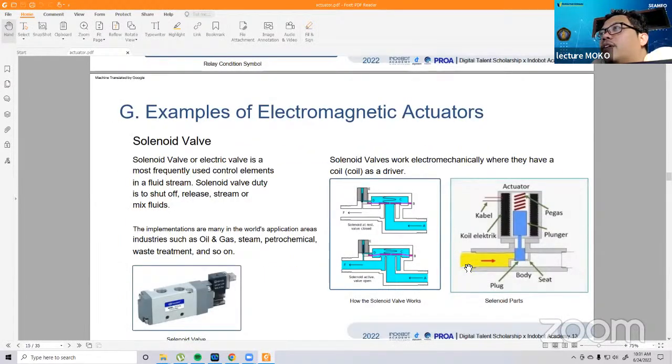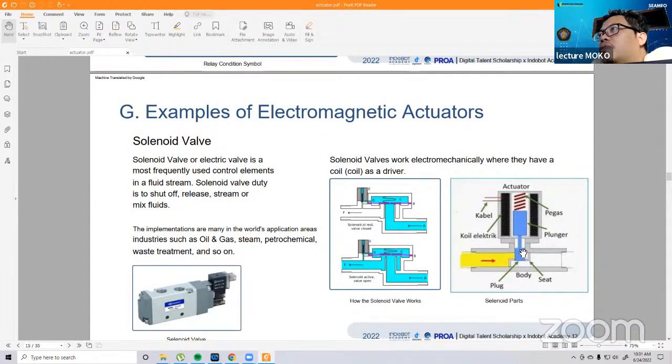This is the mechanism. There are two sides. The air will be transferred here, and it will continue to flow to the other side, but it's controlled by the solenoid valve.